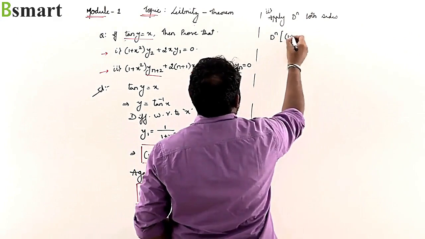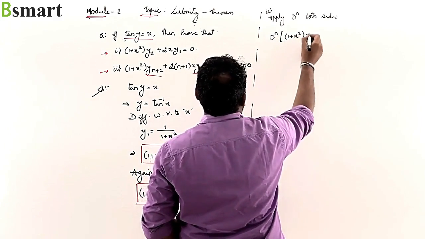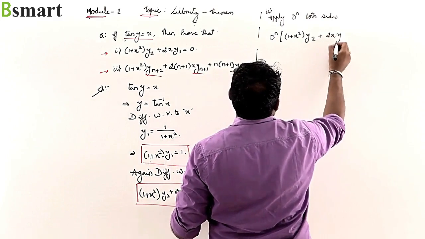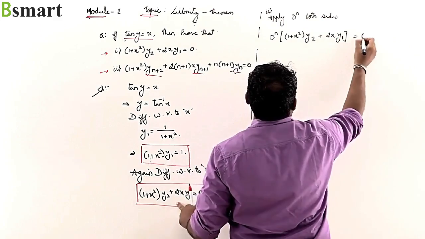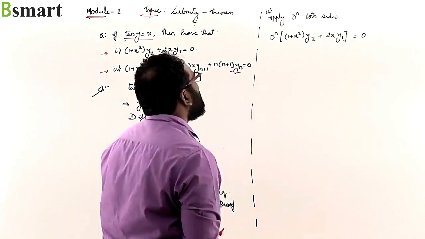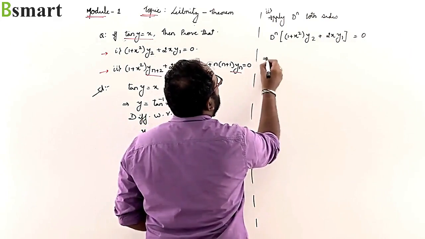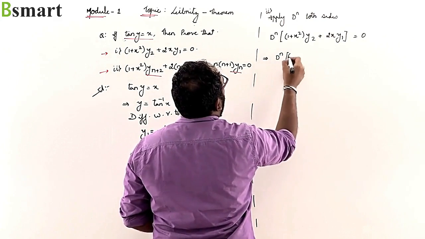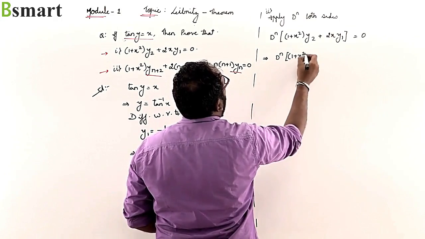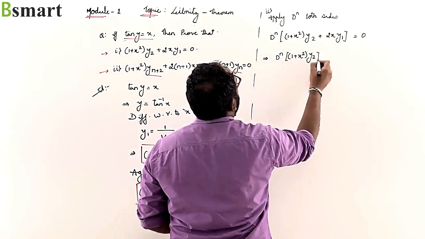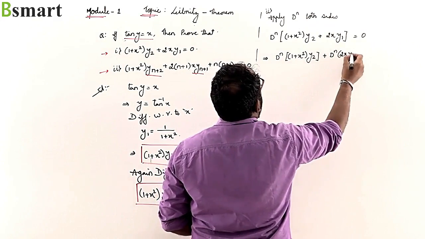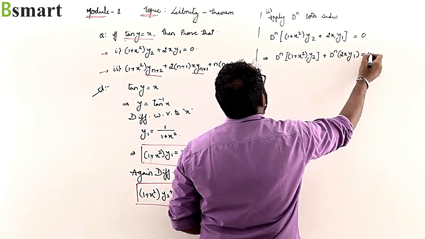That is (1 plus x square) into y2 plus 2x into y1 is equal to 0. Now apply it individually, so that is d to the power n of (1 plus x square) into y2, plus d to the power n of 2x into y1, is equal to 0.